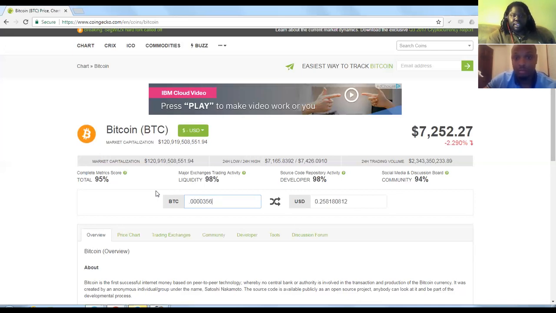The closer to the decimal point, people usually say 0.10 Satoshi, which is a little bit easier than saying 1,567 Satoshi. It's usually easier just to say 0.10 or 0.158 Satoshi.